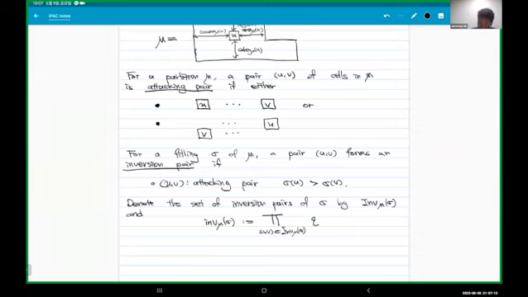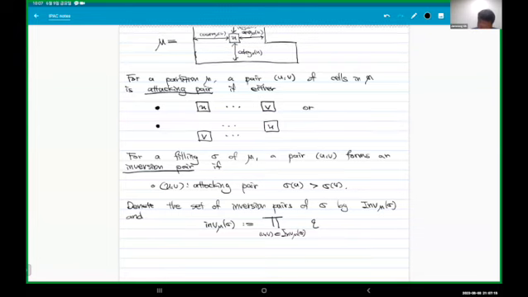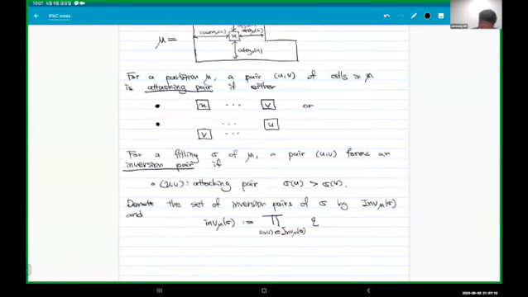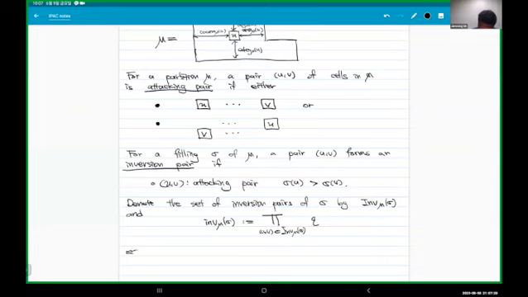So I will give you an example. For example, I will take our partition to be 331, and our filling to be something like this.